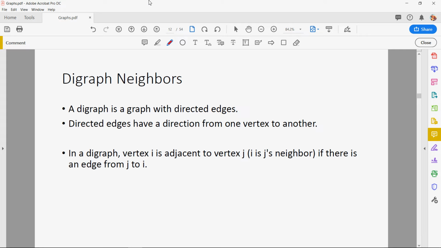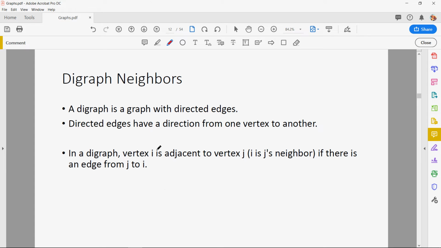Now we talked about neighbors or adjacent vertices, and those are vertices that are connected by an edge. But what does that mean in a digraph, in a graph with directed edges? So in a digraph, a vertex is adjacent to another vertex if there's an edge going from the second back to the first.